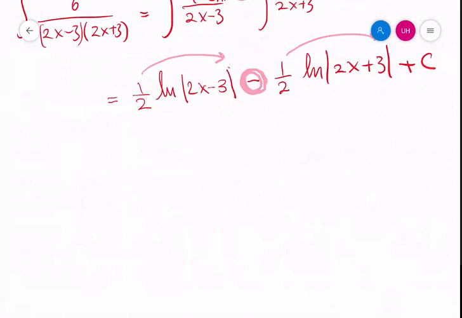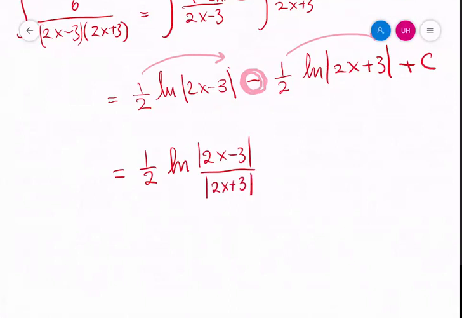Or we can even just leave it at the front as well, because both of them have half actually here. So we can take it as a common factor outside. So it's 1/2 ln (2x minus 3) over (2x plus 3).